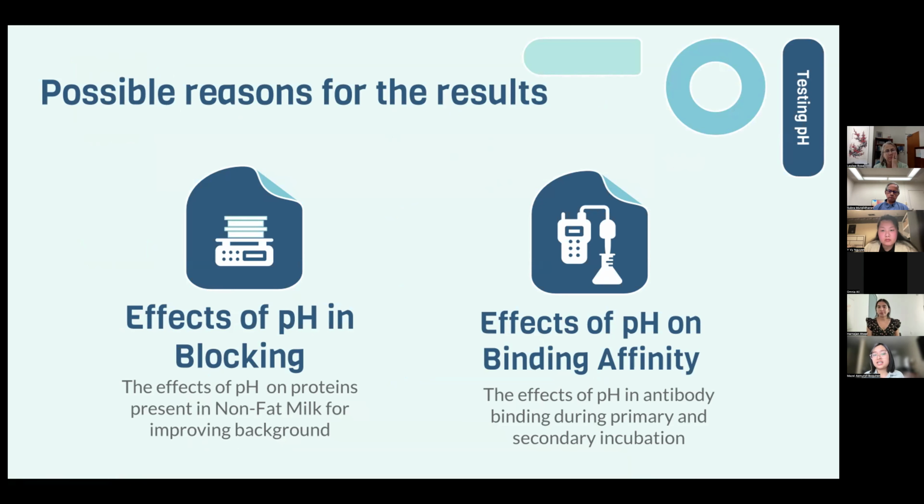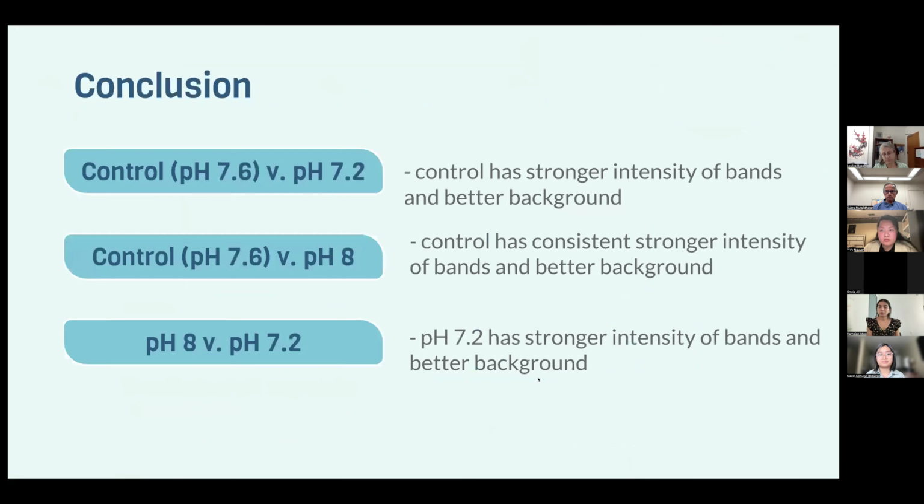We do blocking as these proteins bind non-specifically onto the spaces in the membrane, and that allows the primary antibody to specifically bind to the protein of interest. And an antibody is also a protein, so changes in pH could affect how it performs in binding to the protein of interest.